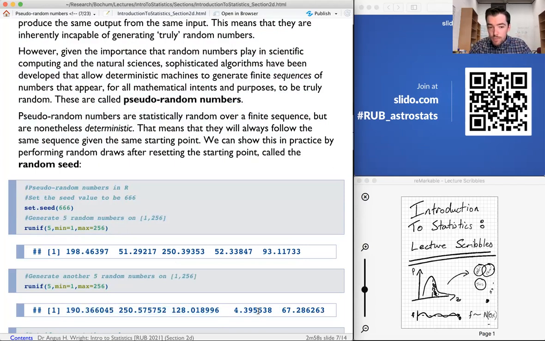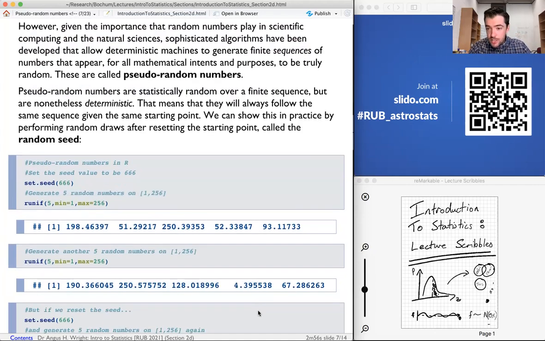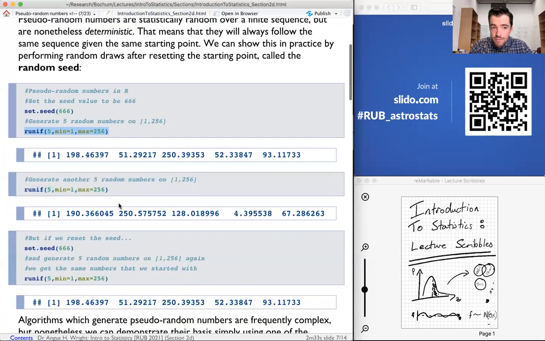If I now reset the seed back to 666, then I reinitialize the sequence that the computer is using to generate its deterministic random numbers. That means that if I run this line again, I'll get out the same 5 numbers that I got out initially.